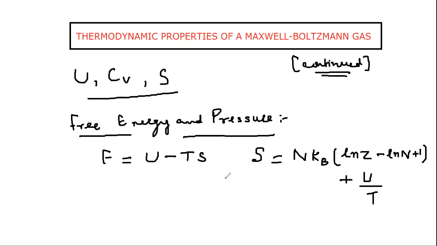When we put it in this expression for F, what we get, I will write directly, minus N kB T times ln Z minus ln N plus 1.